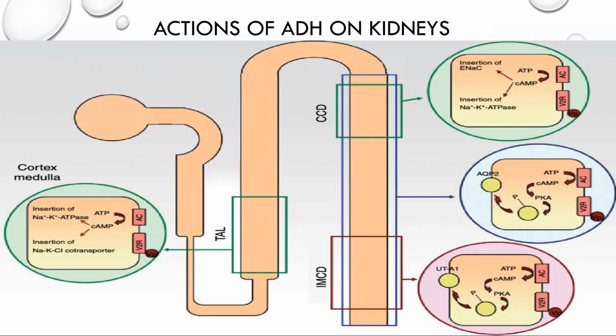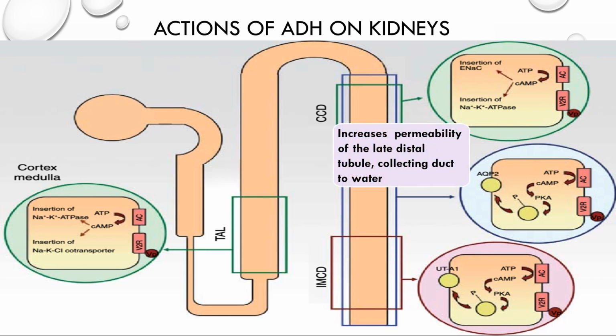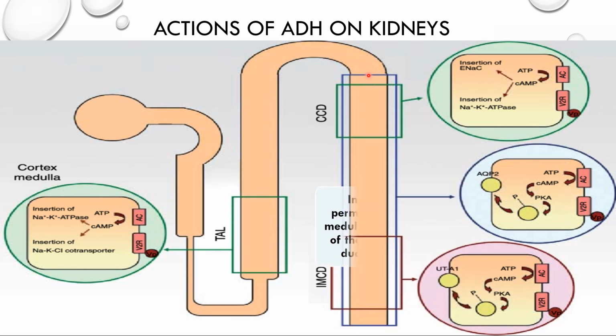Let us see how the antidiuretic hormone acts on the kidney. Antidiuretic hormone increases the permeability of the late distal tubule and the collecting tubule to water. It also increases the permeability of the medullary portion of the collecting duct to urea by stimulating the urea transporter.